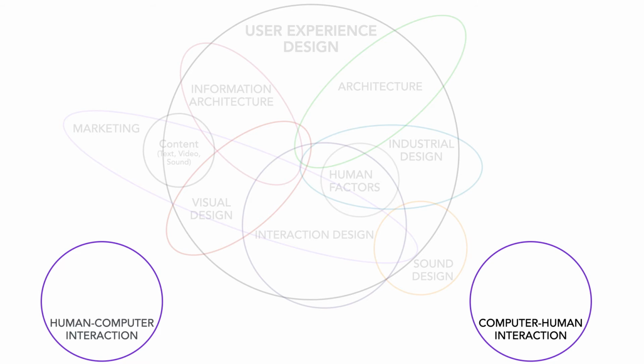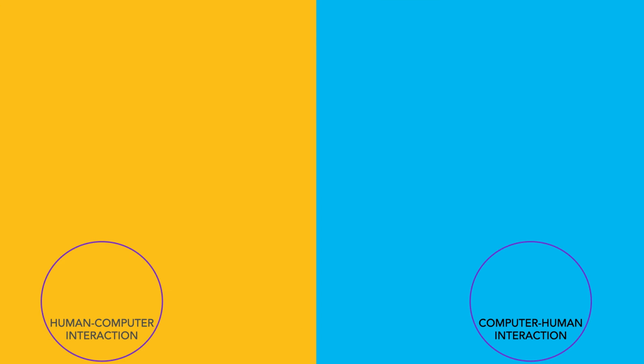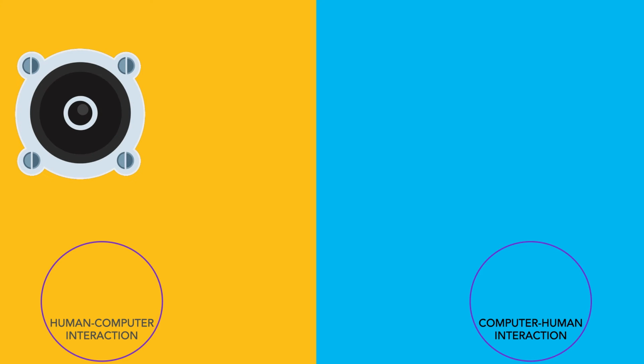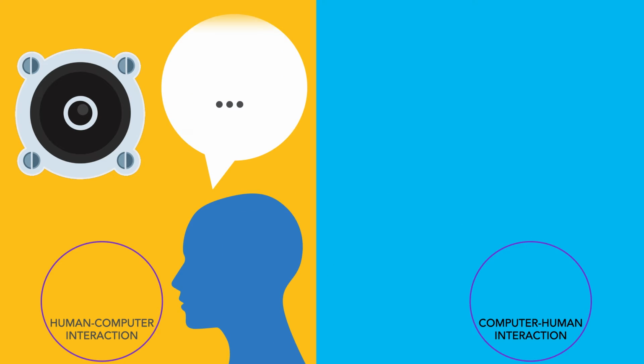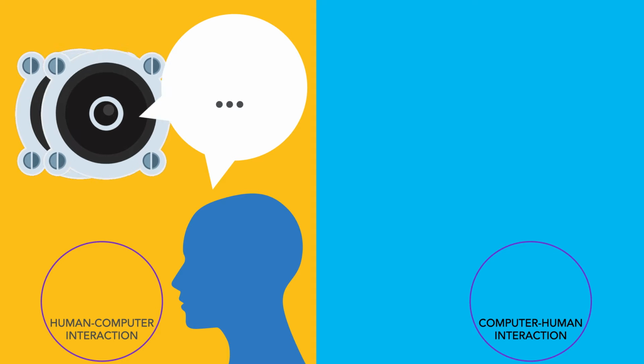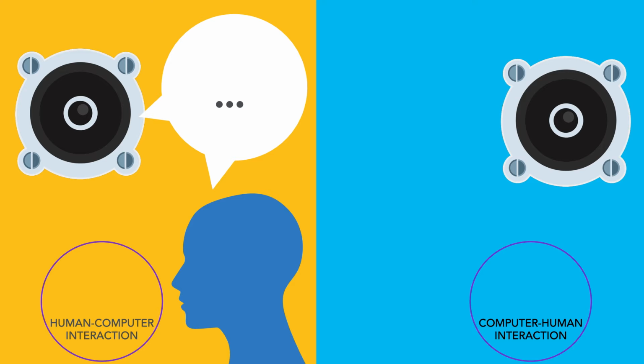But how are they different? Let's consider an example. If you were designing a, let's say, user voice interface for a smart assistant, well, HCI focuses on those human aspects, such as understanding how people are likely to speak to their assistant and how the assistant should speak back to them.